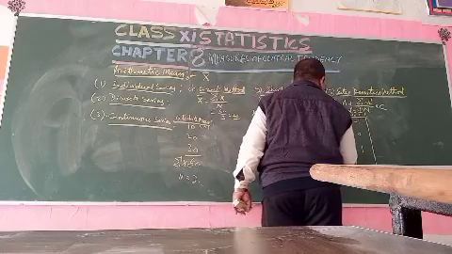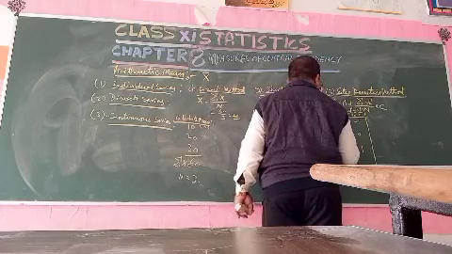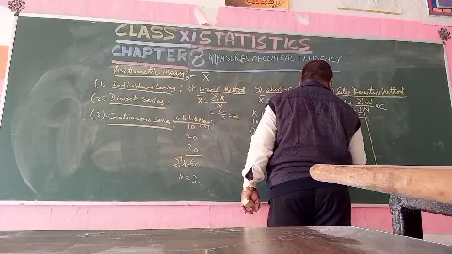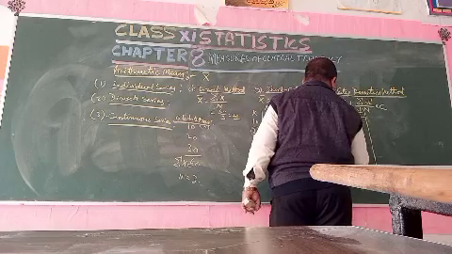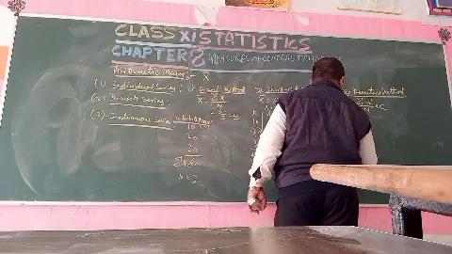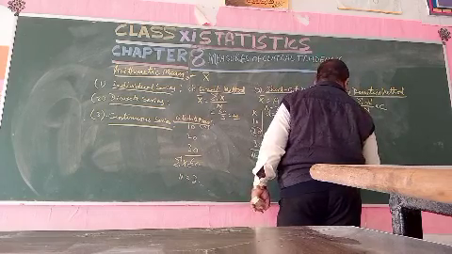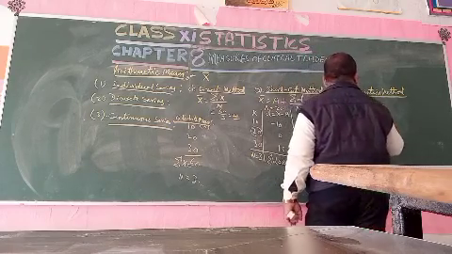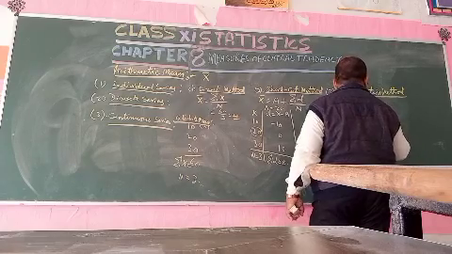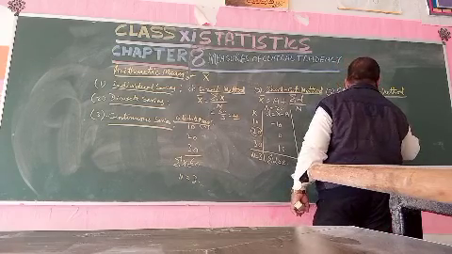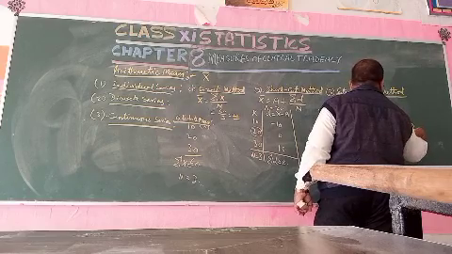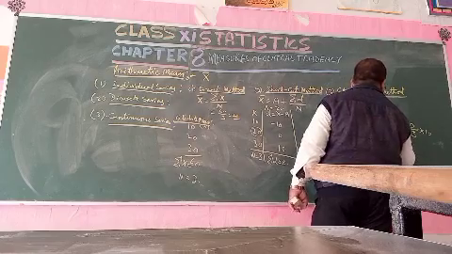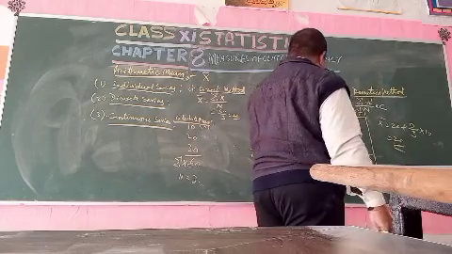Then n equal to 3, sigma d equal to 0 and sigma d dash equal to 0. Put it here: x bar equal to 20 plus 0 by 3 into 10 equal to 20 is the mean.